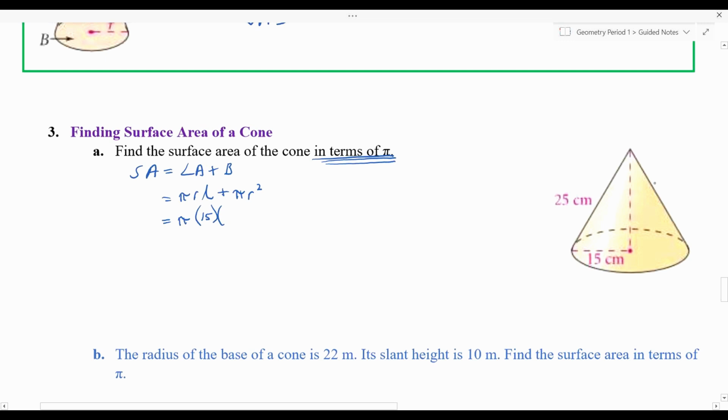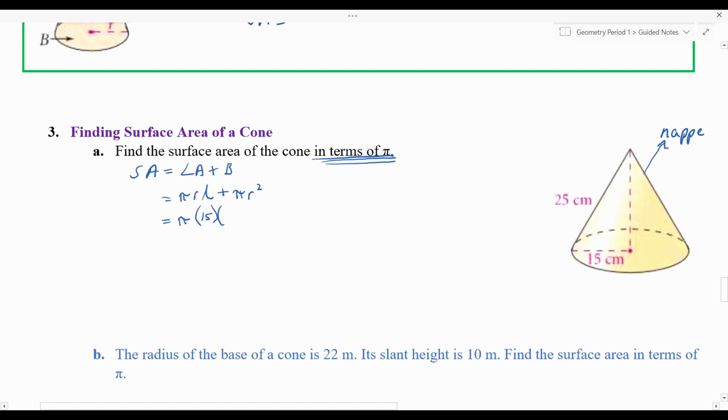As a matter of fact, the surface around a cone right here has an actual name, and it is called a nap. Actually, let me write that better. The surface of a cone is called a nap.